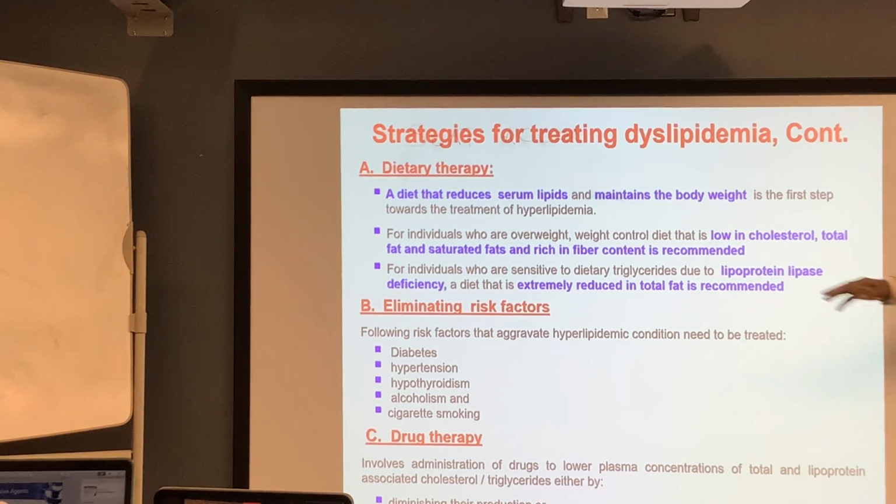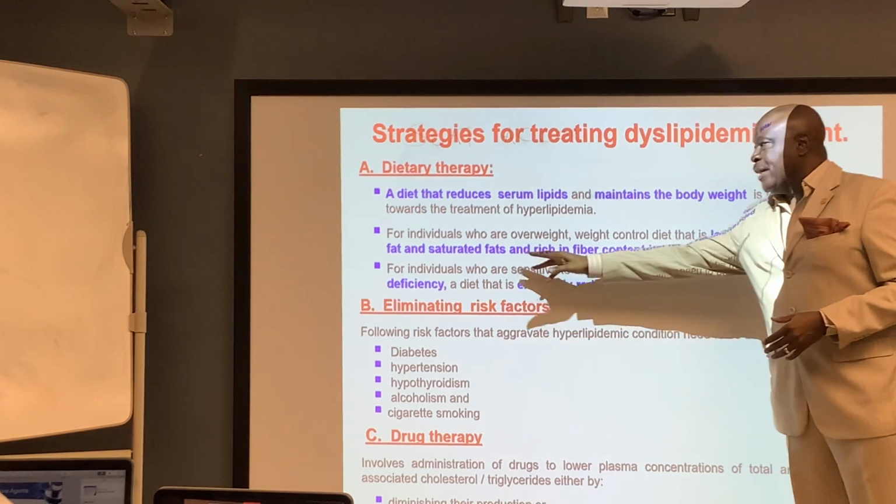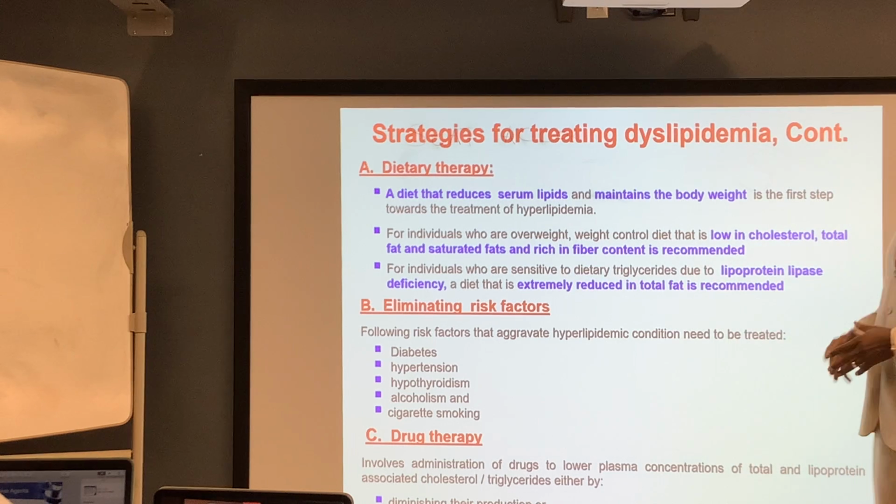But for individuals who are overweight, they need to go on a weight control diet that is low in cholesterol, low in total fat and saturated fat, but rich in fiber content. Low cholesterol, low fat and saturated fat diet, rich fiber diet.